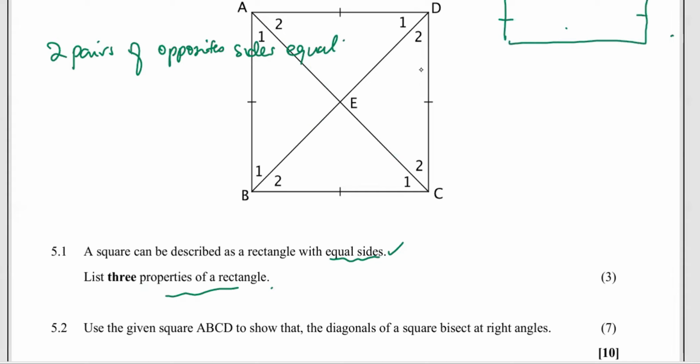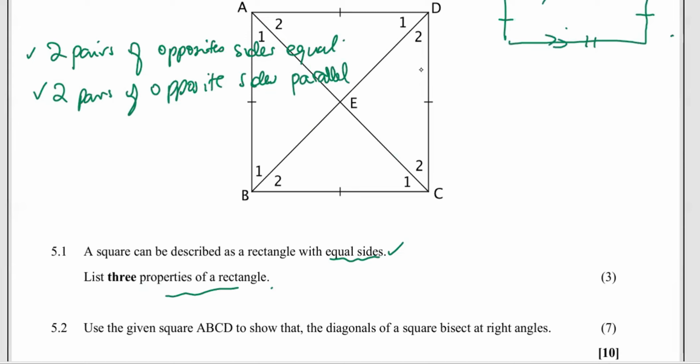Okay, because we know that a rectangle is something like that. This is equal to that, this is equal to that. So this one pair, and then that's the other pair. And then number 2, we know that 2 pairs of opposite sides will be parallel. Okay, meaning that they do not meet each other. And then lastly, we can talk about the diagonals, okay?